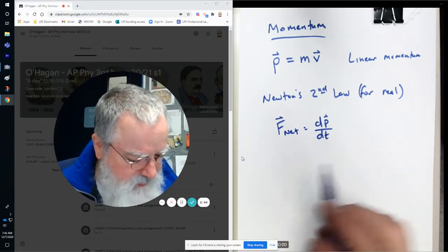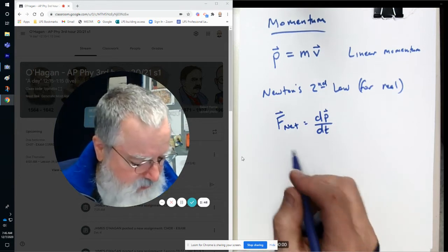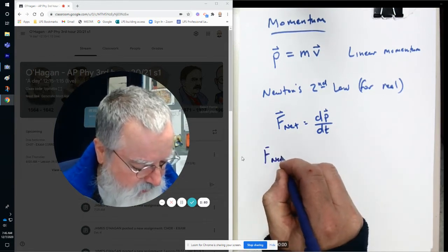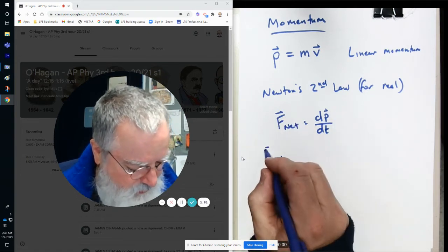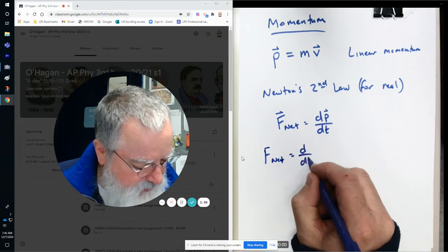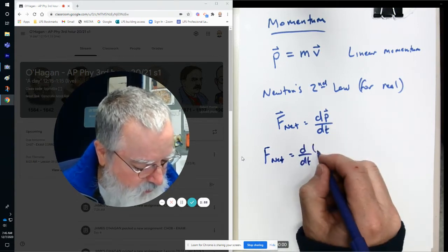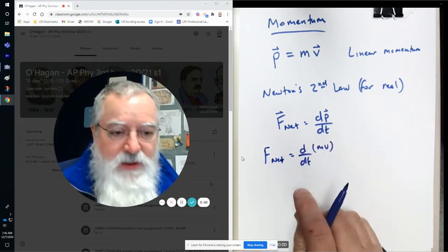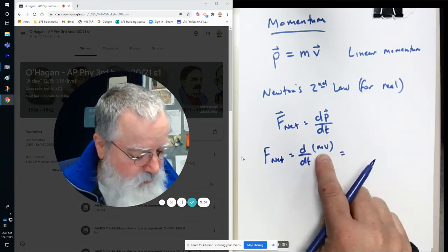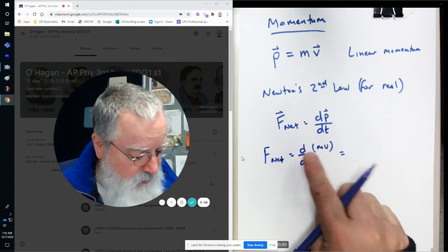All right, so let's take this idea and let's see where it comes out. Force net, and we know there's direction, so I'm not going to worry about that right now, equals d/dt of, and what's momentum? Momentum is mass times velocity. Excellent. Now usually what we do is we assume mass is constant and we pull it out.